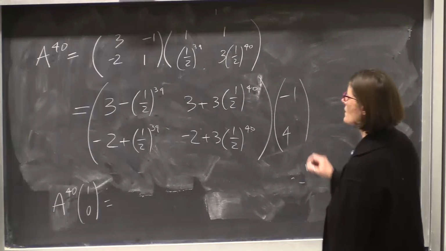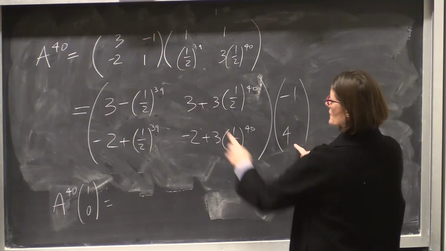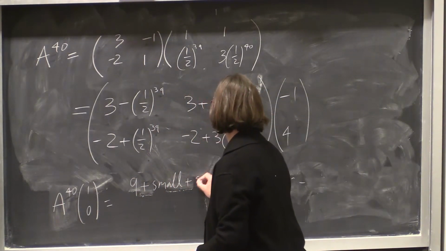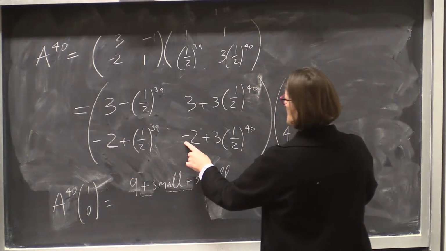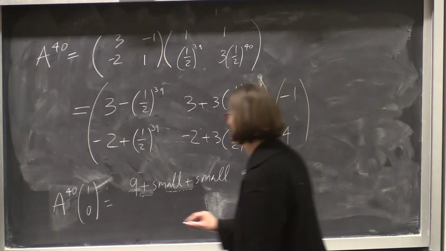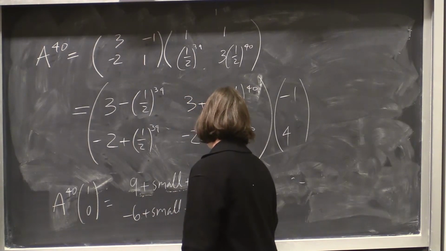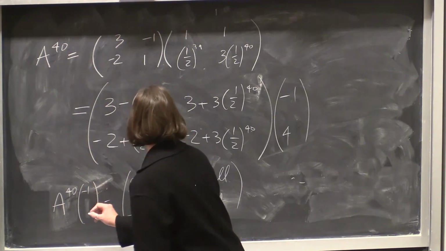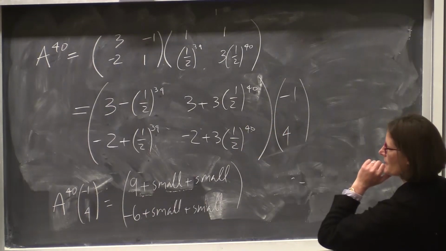So if I were to multiply this by minus 1, 4, I would get minus 3 plus 12 would be 9, plus small plus small. And here I would have 2 minus 8 is minus 6 plus small plus small. So that would be A times A to the 40th times that, which is what we had.